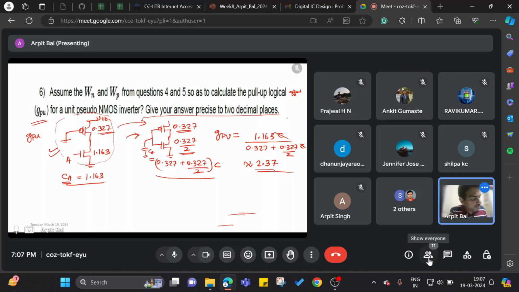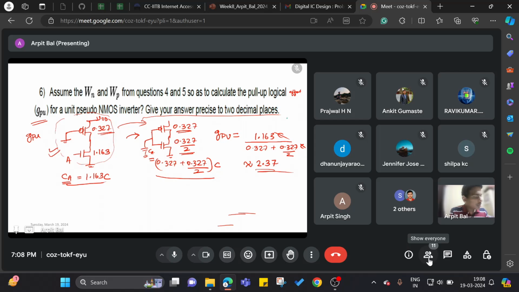So my final capacitance CA for the DUT will be 1.163 C. Do you agree with this one? Yes, sir. Okay, so now the next thing that we need to do is to construct the reference inverter.